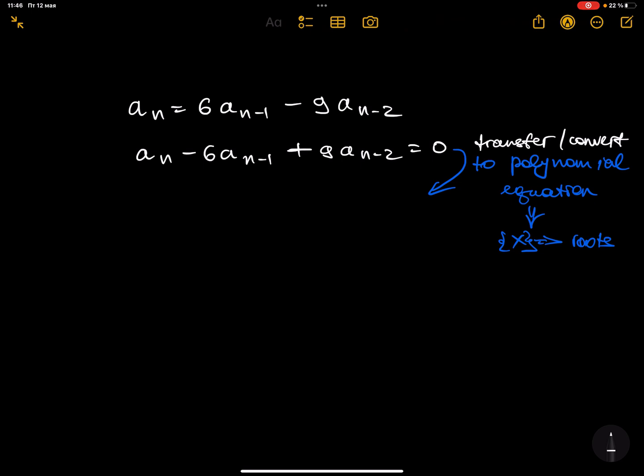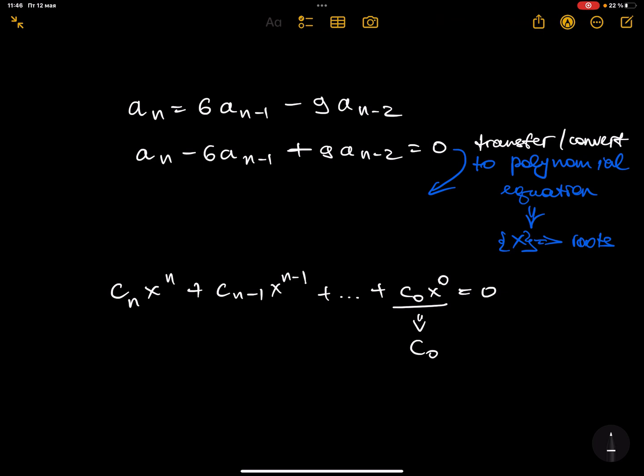So you know, a polynomial equation has this kind of format: cn xn plus cn minus 1 xn minus 1 plus, and finally you have C0 x to the power of 0 equals 0. So x to the power of 0 is gonna be just C0, right?